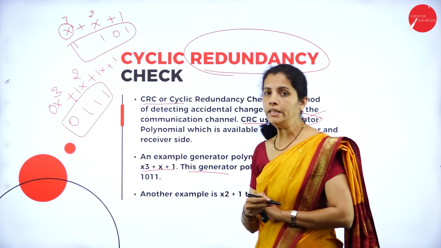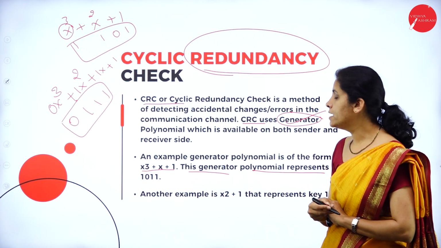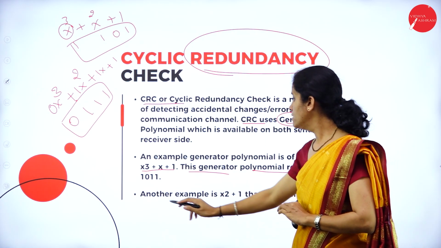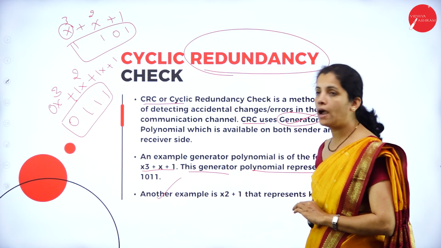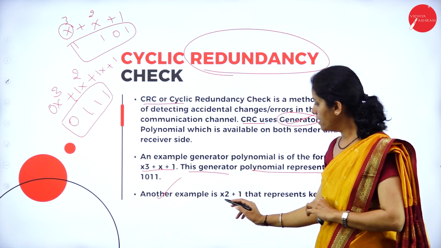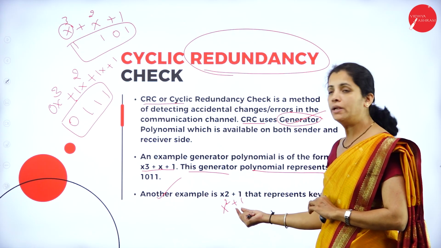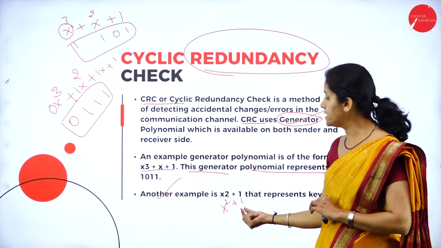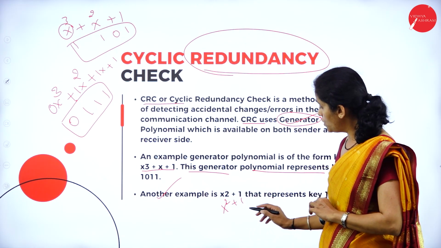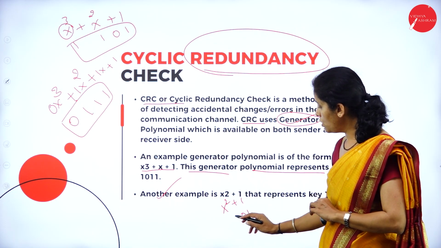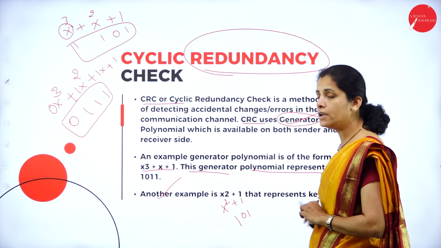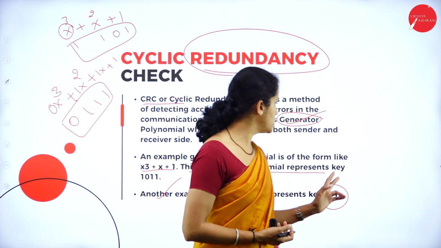To generate the key, I am going to use the polynomial. Here I am going to have another example: x square plus 1. Which term is missing here? That is x1. So 1, 0, 1. So what is the key here? Here the key is 1, 0, 1.